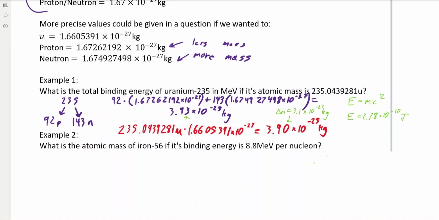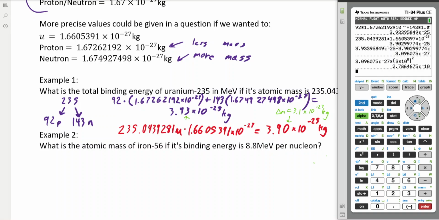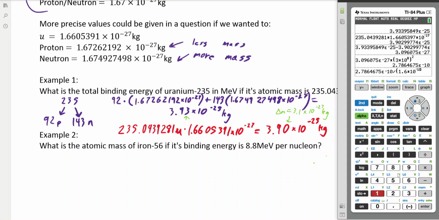This is in joules, so we can now change this to be electron volts by just taking that number and dividing by 1.6 times 10 to the negative 19.